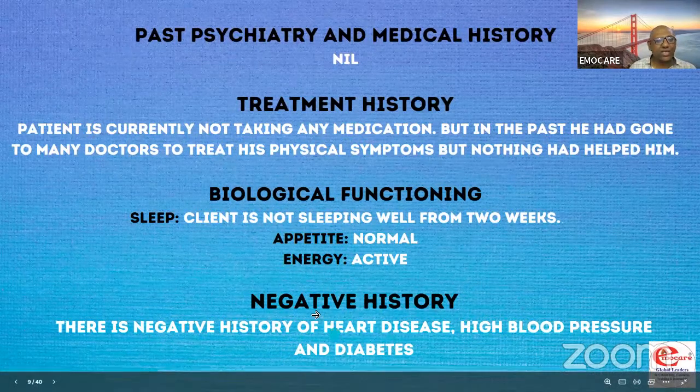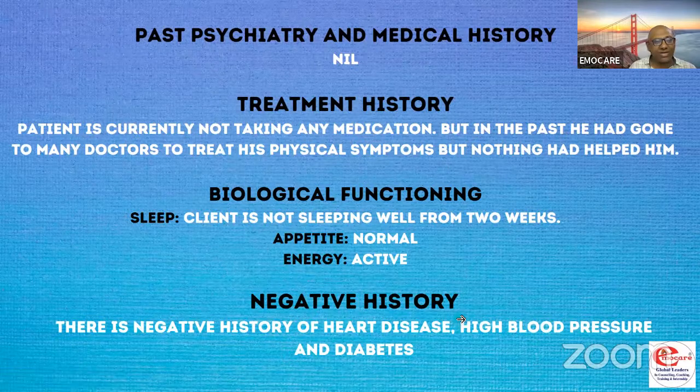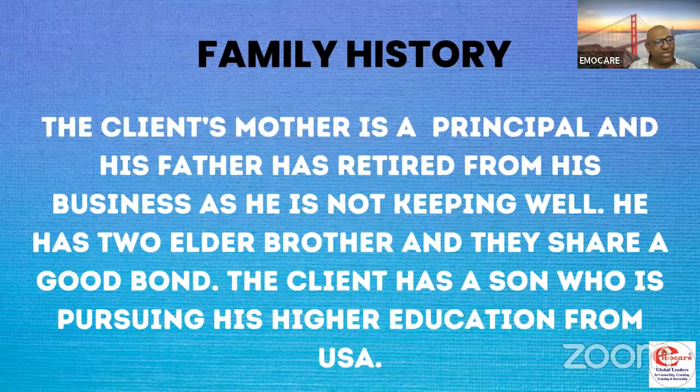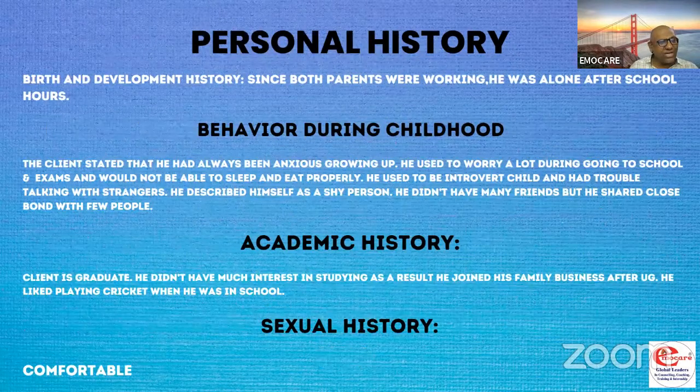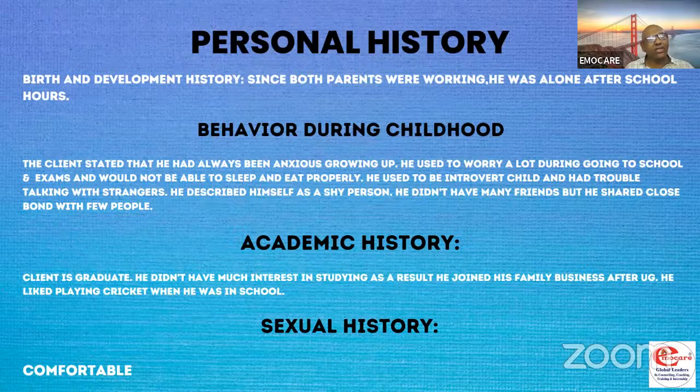Then is there any negative history, BP, diabetes, etc.? Then family history. In the family, whether they are having any psychological issues, whether in the past any kind of psychological aspects, or any medical conditions. Then personal history, birth and development history.